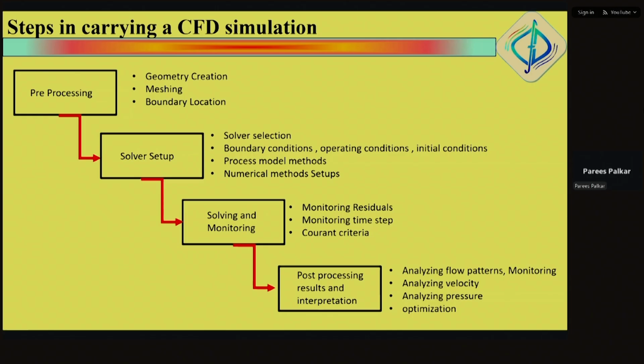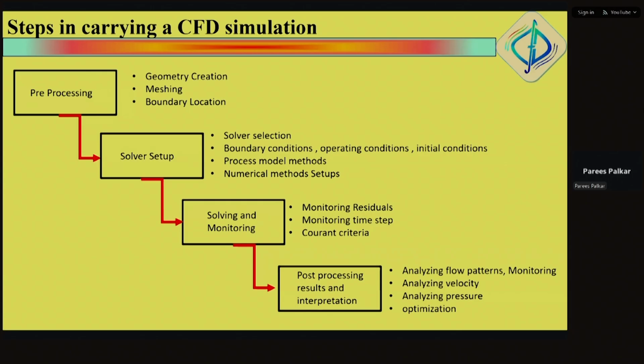Then meshing: for meshing you can use blockMesh and snappyHexMesh. We had the tutorial for the same in the morning session. And the boundary location is a part of meshing itself. We have to identify the boundary patches and the segregation of domains of your CAD model. So these three things are done in pre-processing.